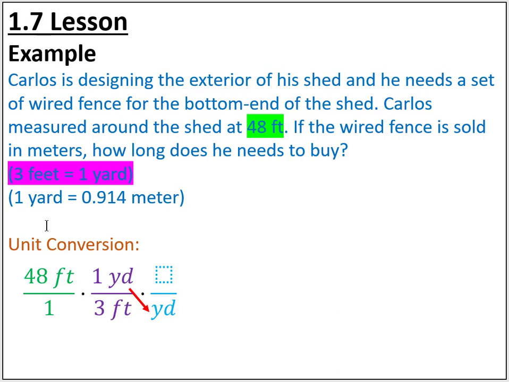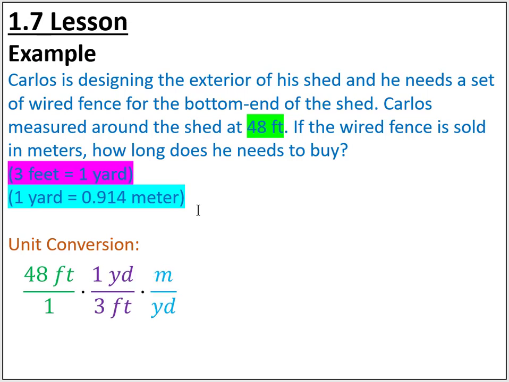So therefore, the other information that is associated with yard will be 1 yard equal to 0.914 meter. That is the one we're going to use. Since yard is in the denominator, we're going to input meters into the numerator of the third fraction. Once we establish the units in their proper place, we input the numbers that correspond to their units.